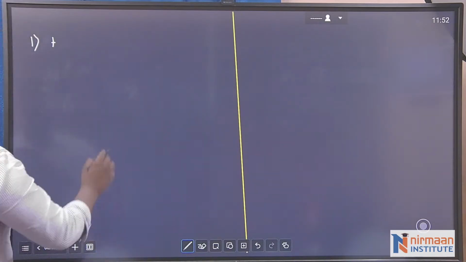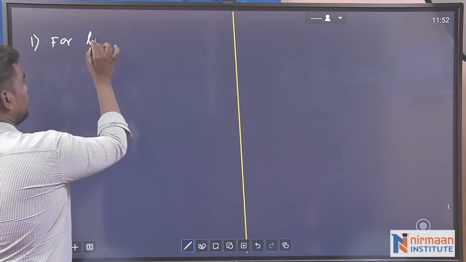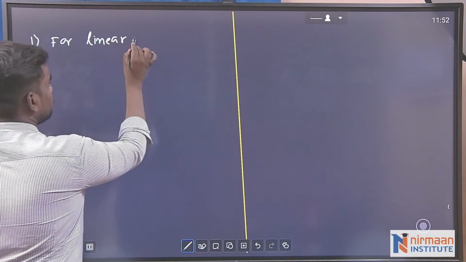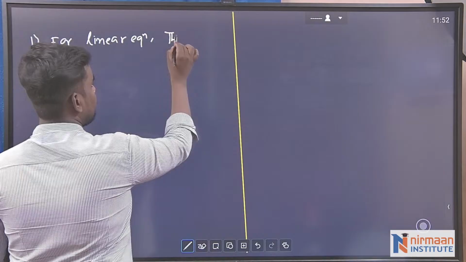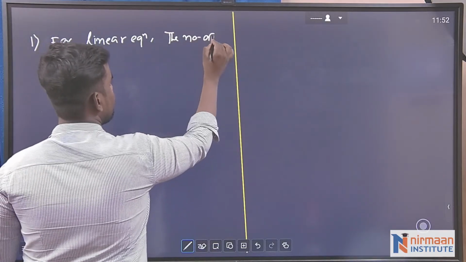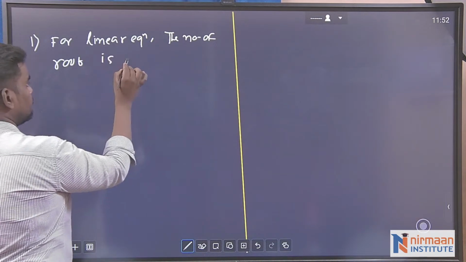See, for a linear equation, the number of roots is 1.